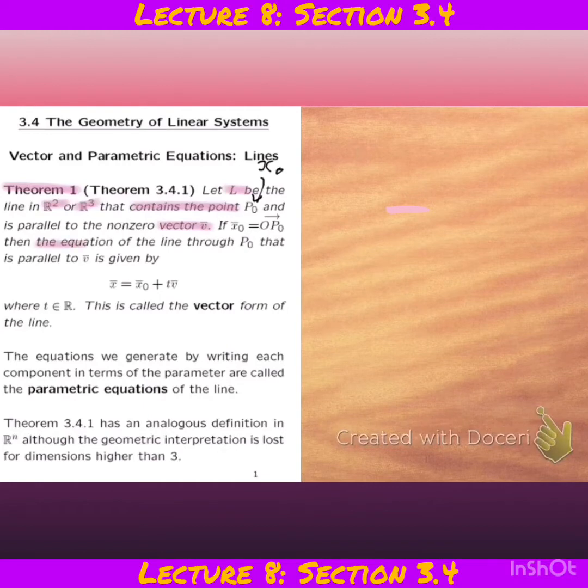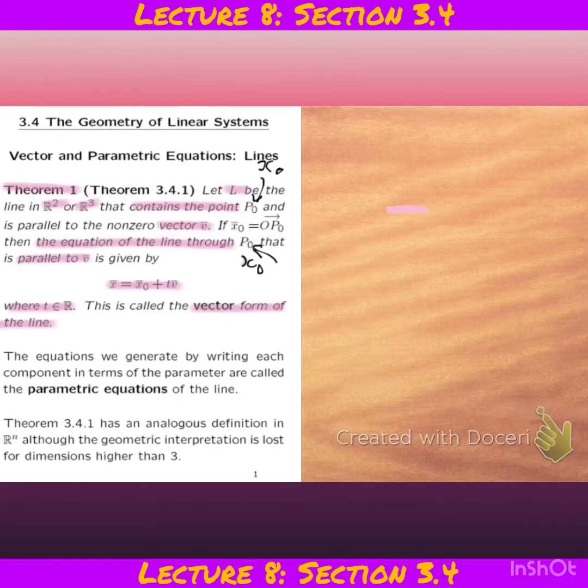Then the equation of the line through this point x0, and that is also parallel to v, is given by that equation there, where t is a real number. Now this equation is called the vector form of the straight line.